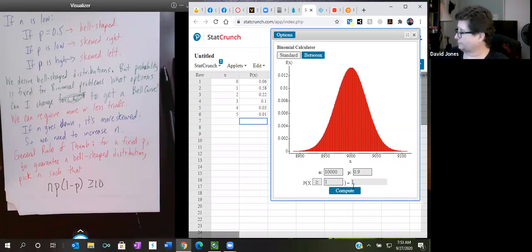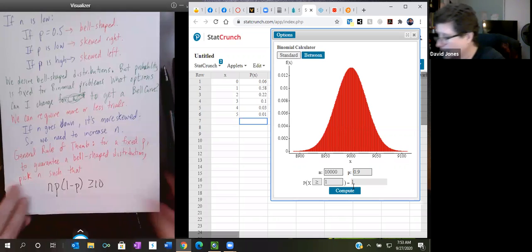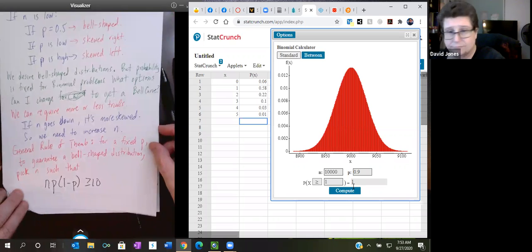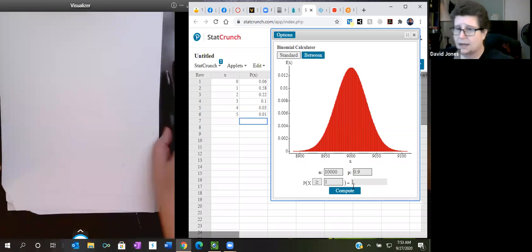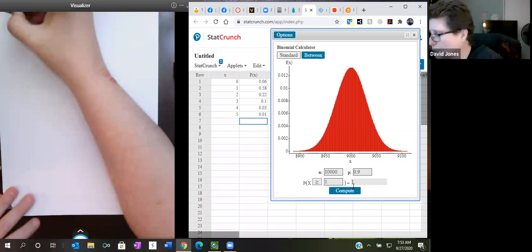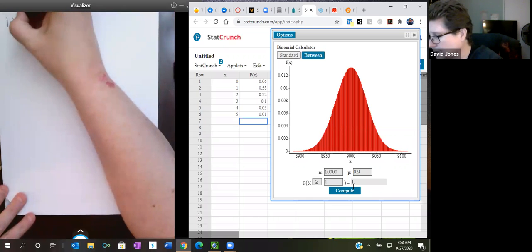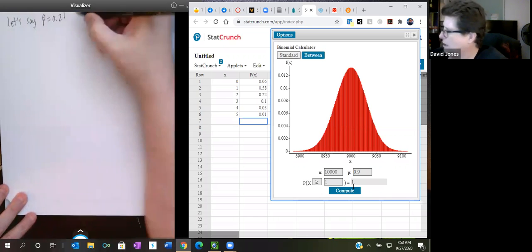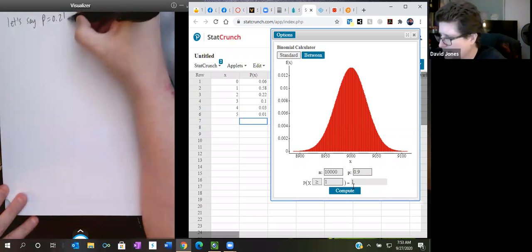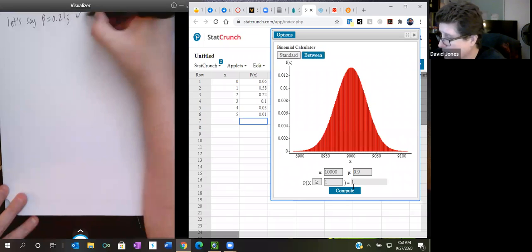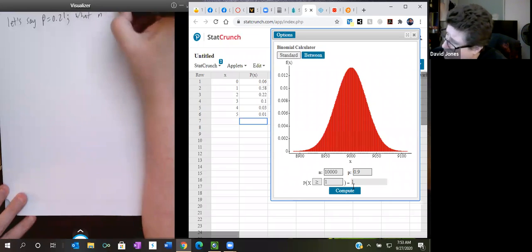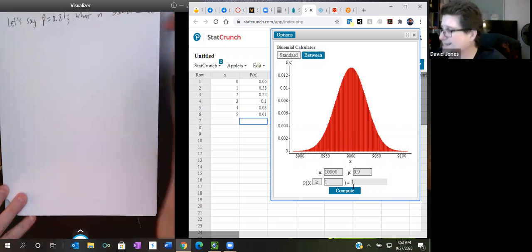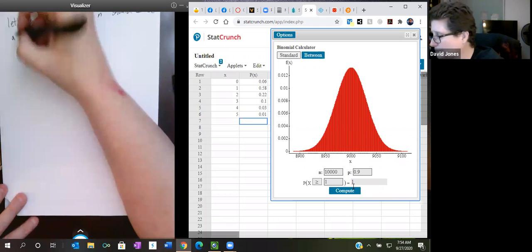Okay. Let me give an example real quick. Pause this if you need it up longer. Let's say p equals 0.21. What n do I need to get bell-shaped results? How many trials should I conduct to get a bell-shaped result?